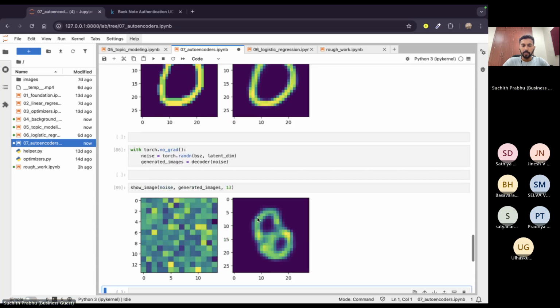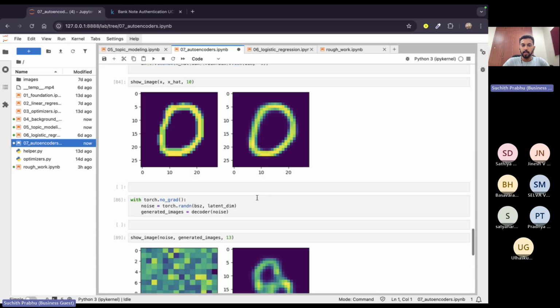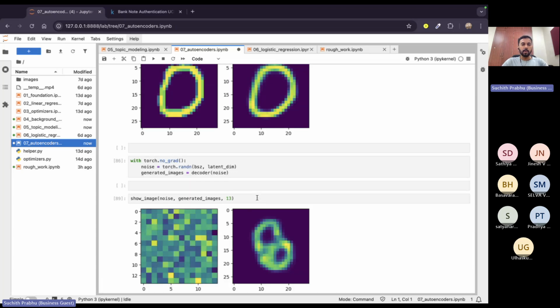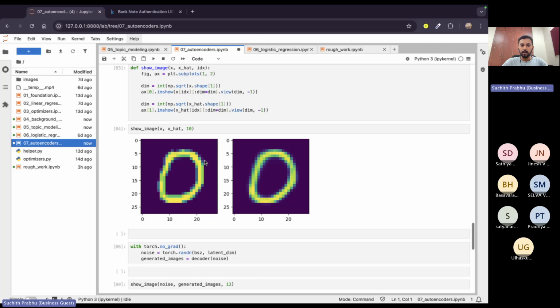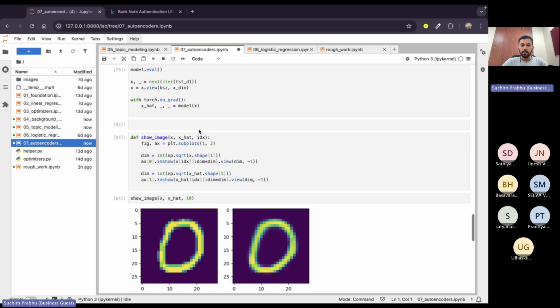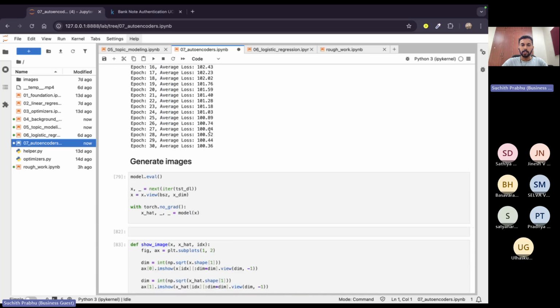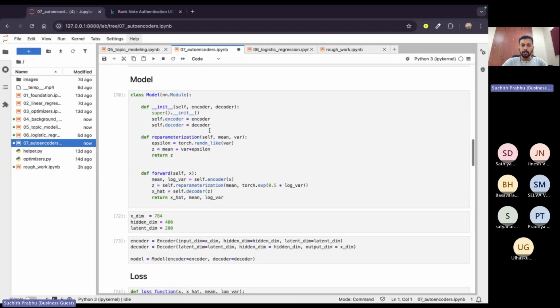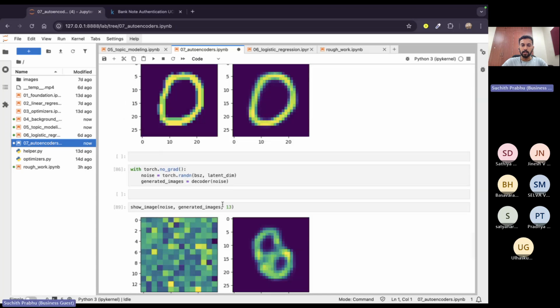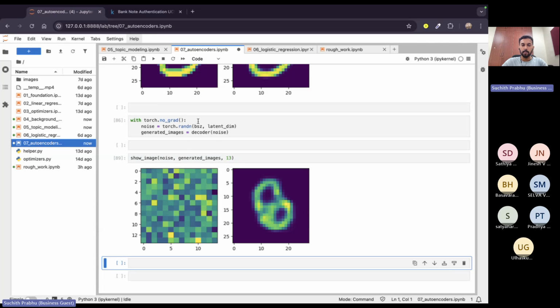Basically, the latest models that you're seeing, like stable diffusion, are all built on the math and concepts in variational autoencoders. These are some of the basic foundations, and diffusion models are built on this.